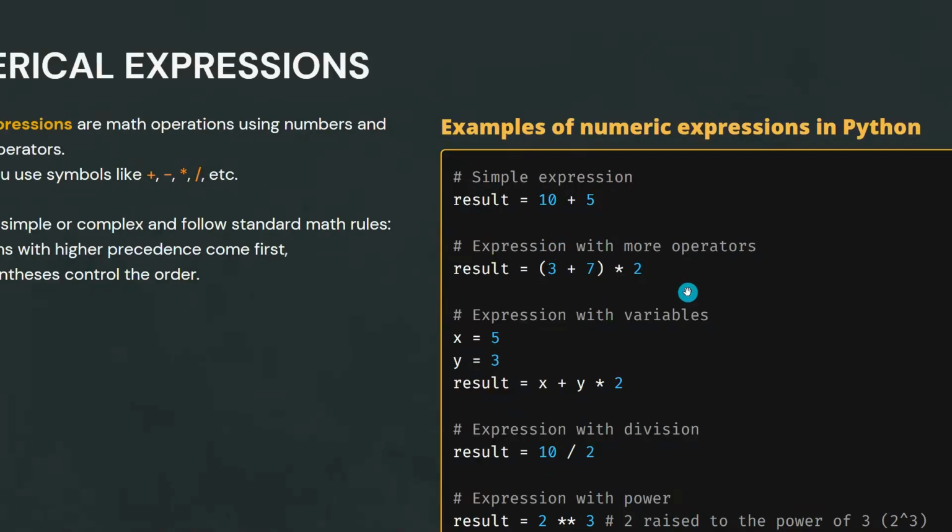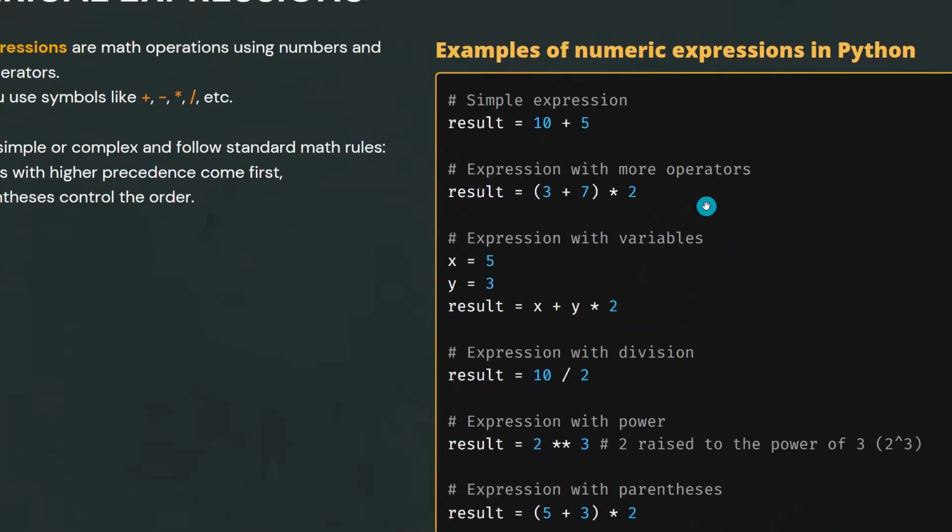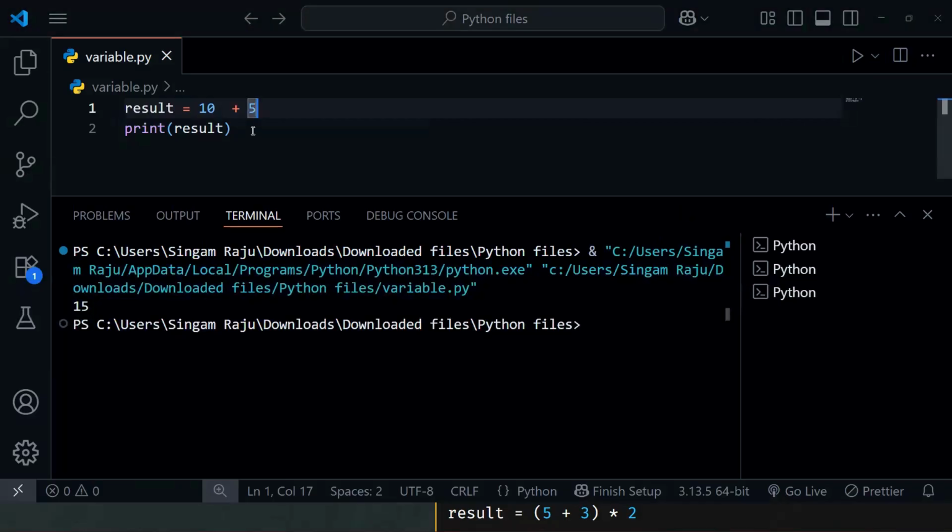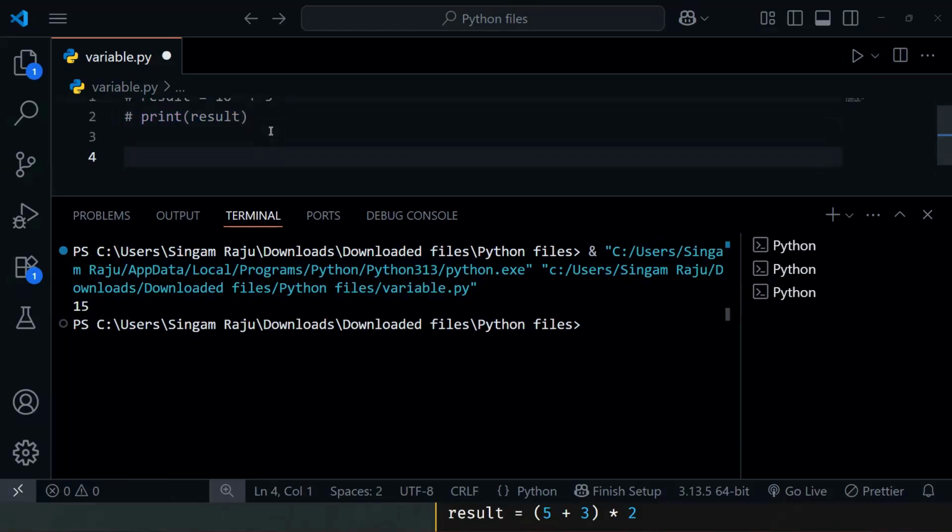Now let's try expressions with more operators. So for example, here I'll use a comment, and result equal to (3 plus 7) into 2, and just print the result.